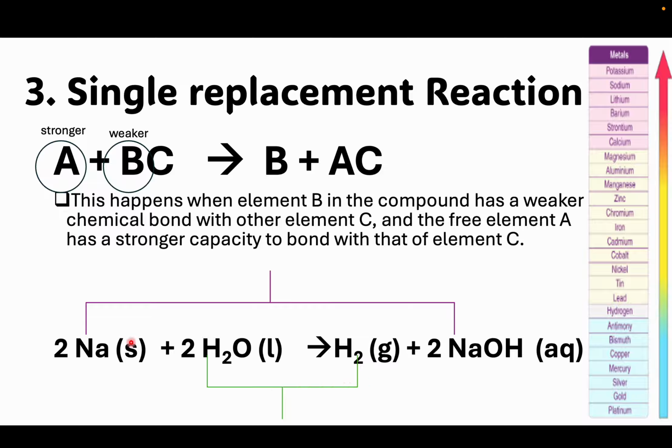Take note, once hydrogen and oxygen are paired with sodium, it will always be OH, it becomes hydroxide. This is the reason why there is an H on the other end. Okay?